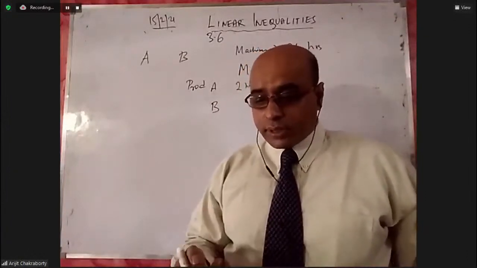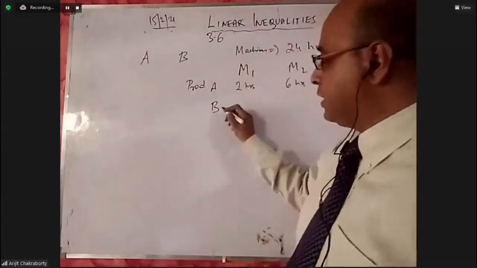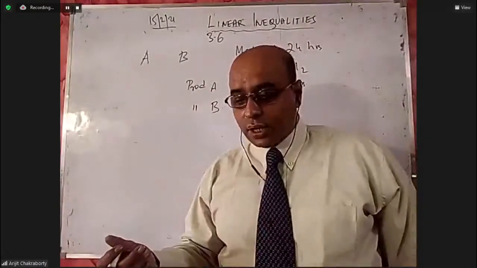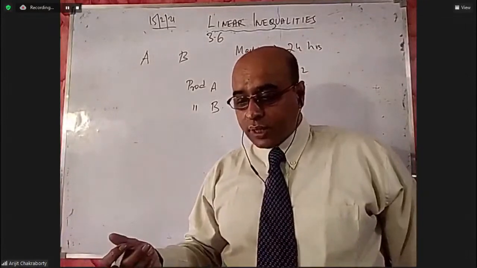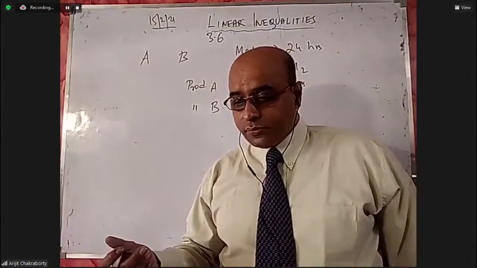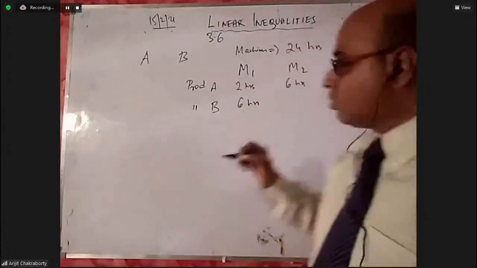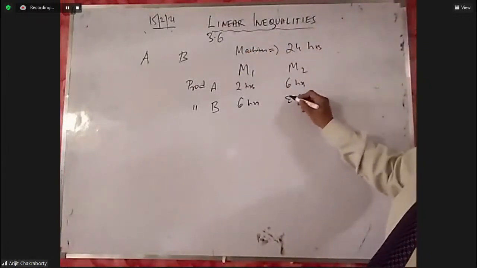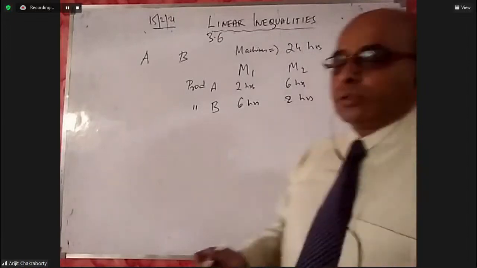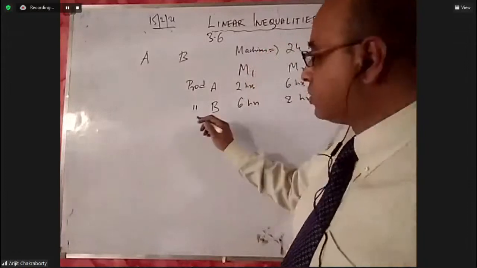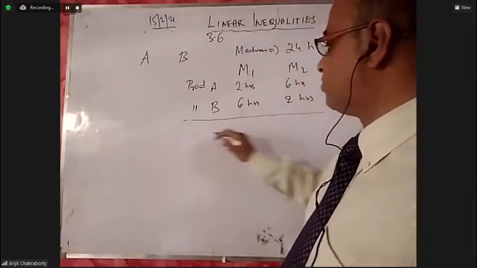Now, the second product, B. This requires 6 hours in M1 and 2 hours in M2. Right. Now, the profit which is earned, the manufacturer is earning a profit.